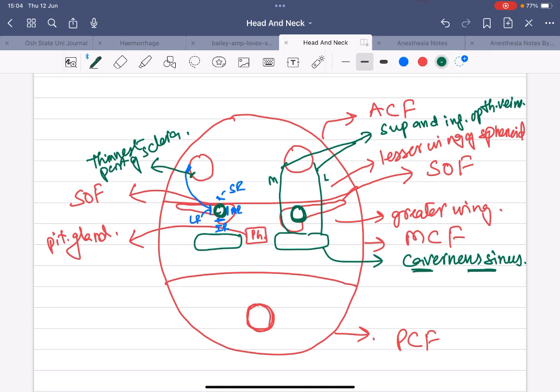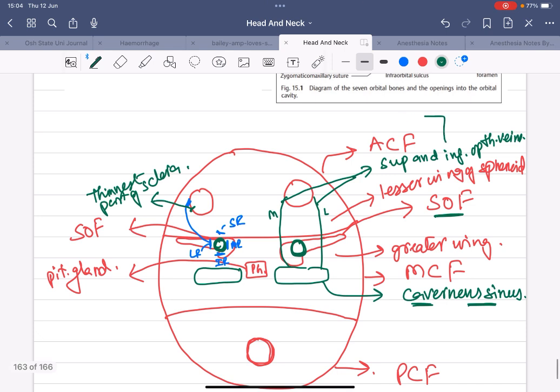Please remember both these veins pass through the superior orbital fissure, but they do not pass through the tendinous ring of Zinn. They stay outside the ring of Zinn.